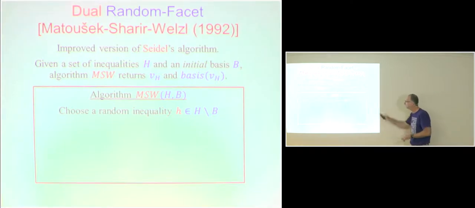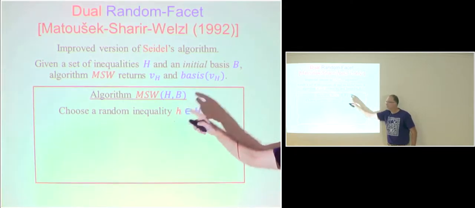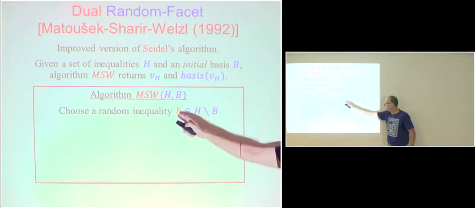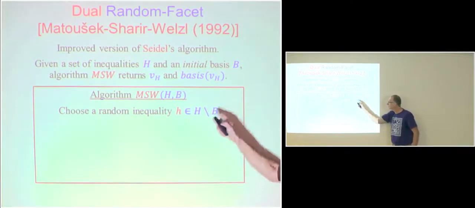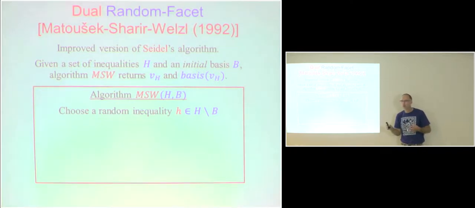Like Seidel's algorithm, we choose a random inequality and we will remove it. But the important thing is that we only choose an inequality which is not currently in the basis. The basis that we have at each time is not the optimal basis, but we think it has some useful information, in the sense that we hope that many of the inequalities in the current basis are actually essential.